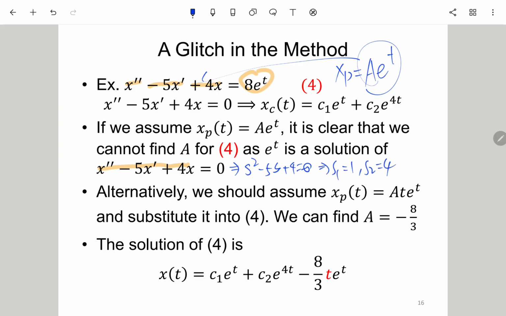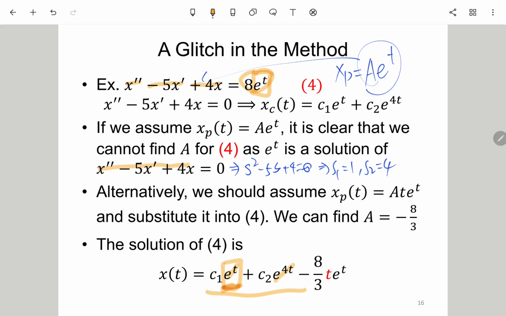So for the complementary solution, you have this one and also this one as xc of t. You see, this is exponential to t, so if you plug exponential to t into the original left-hand side, it gives you 0, which means this won't be the particular solution.